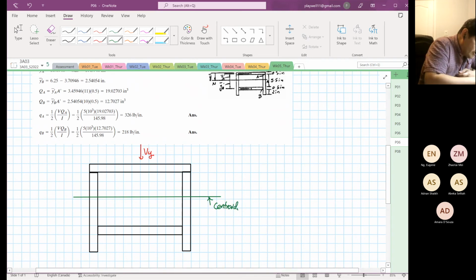So likewise, we design our shear flow. And we realize that this is one terminal. This is another terminal, right?